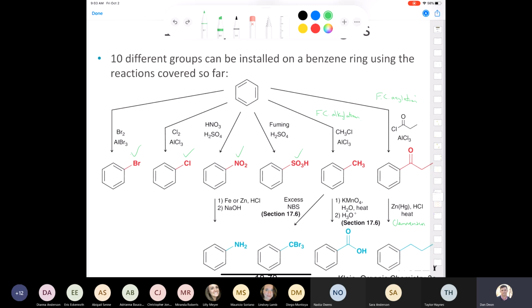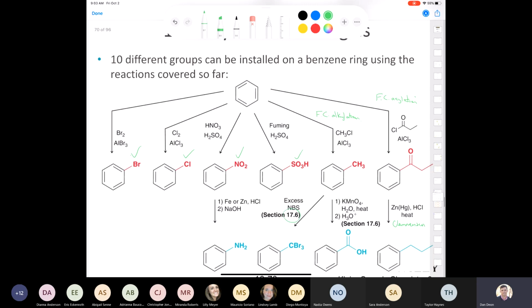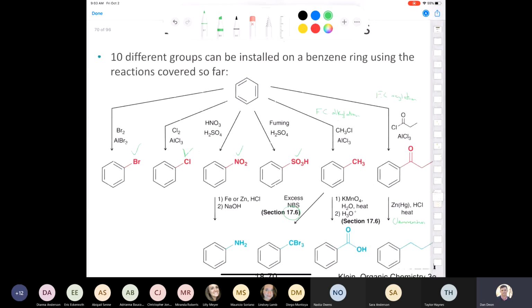We learned way back in chapter 17 benzylic bromination, so treating a benzyl derivative with N-bromosuccinimide. If you treat toluene with excess NBS, you'll convert all of those benzylic hydrogens, all 1, 2, 3 of them, to bromines.